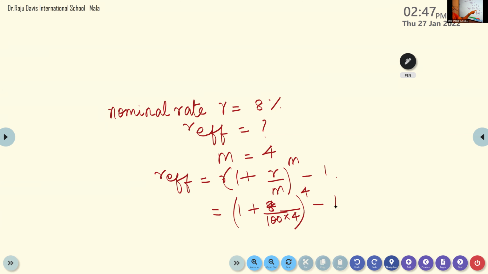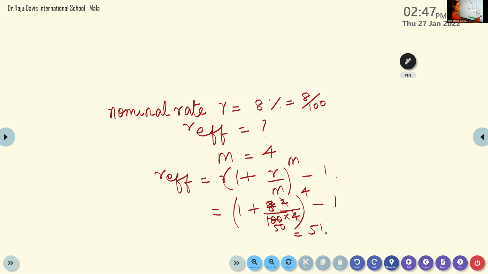The formula is 1 plus R by M. R is 8% means it is 8 by 100. 8 by 100 by 4. So it will be 8 by 400. So if you cancel by 4, it is 2 by 100, that is 1 by 50.